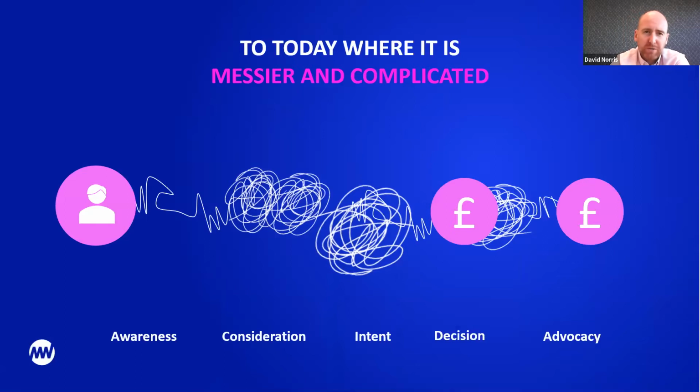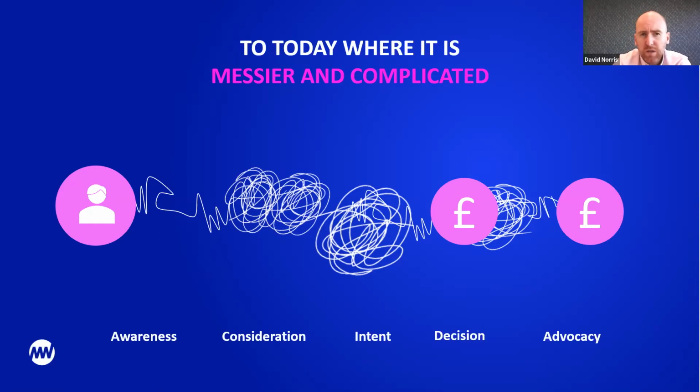We're going to show you some statistics later on around how many people convert on first point of entry. It's hardly anybody. Especially with complex decision-making processes, there's a significant number of touch points along the way, and that complexity means it's not just that simple linear model anymore.